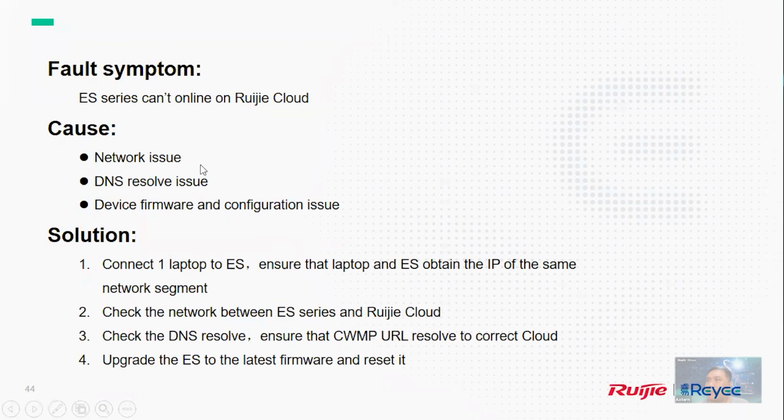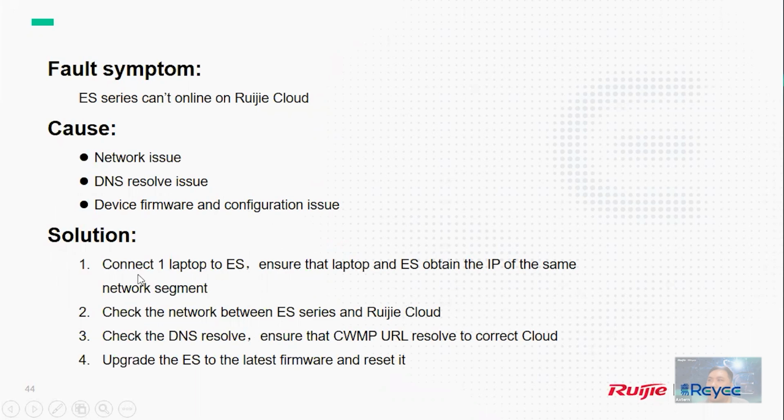These are some basic troubleshooting tips I need to mention. For ES series switches, we do not have any troubleshooting tools in the GUI. So how do we troubleshoot if you face a network issue, DNS resolve issue, or firmware issue?